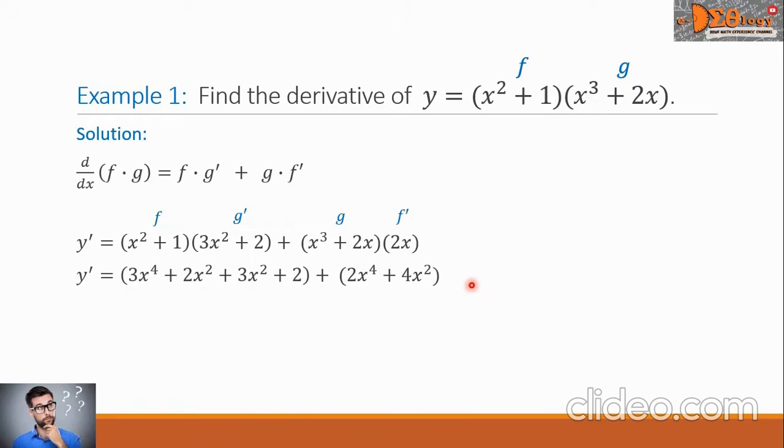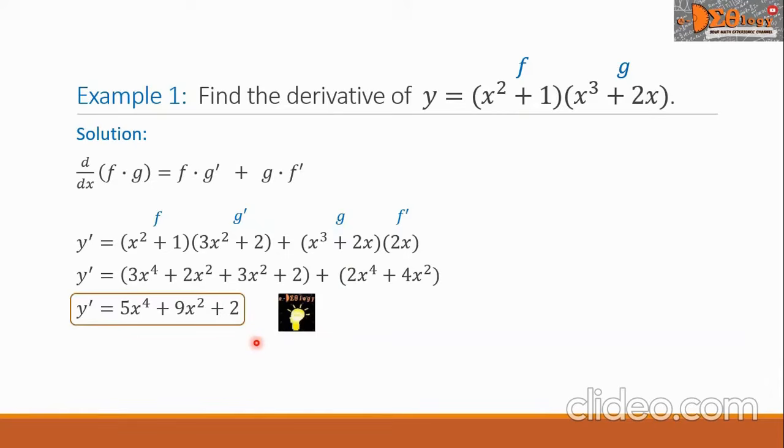Let us remove the grouping symbol and combine similar terms. So we have now y prime equals 5x raised to 4 plus 9x squared plus 2. This is the derivative of the given function.